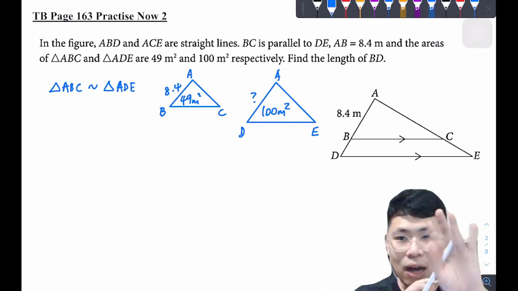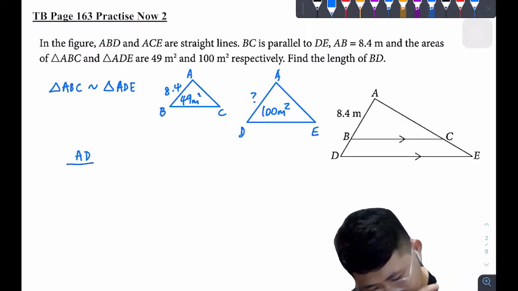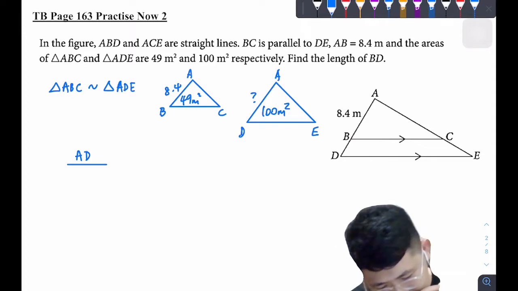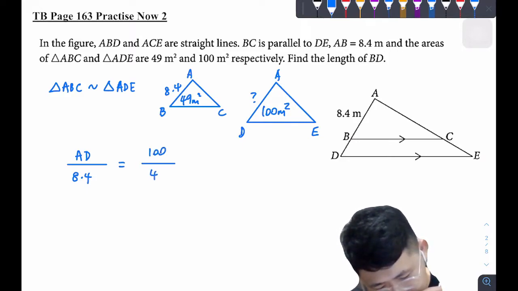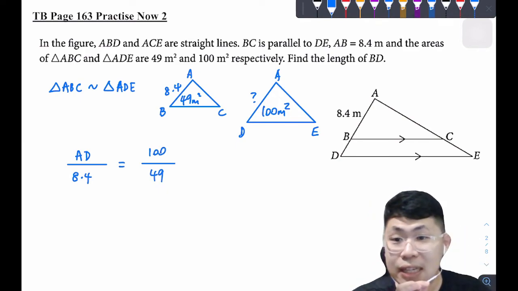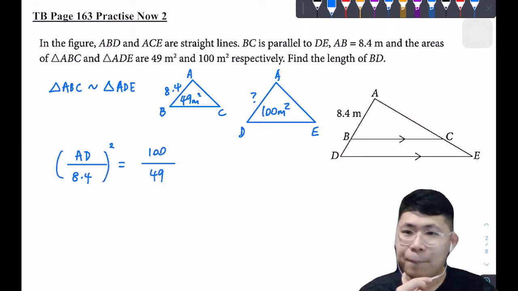So how do we match this? AD over 8.4 is equal to 100 over 49. But the 100 over 49 is the area, so the length we need to square.